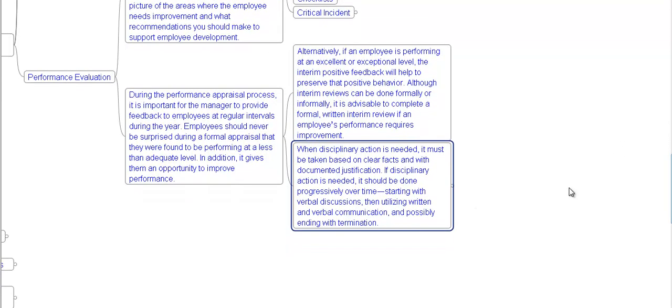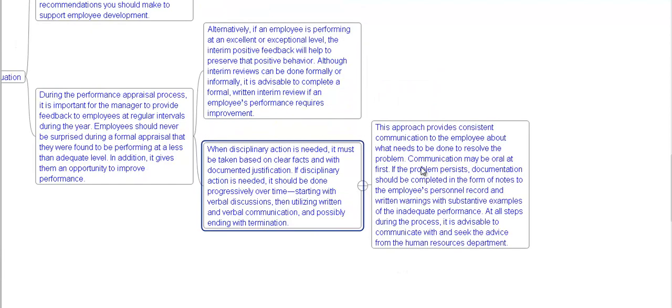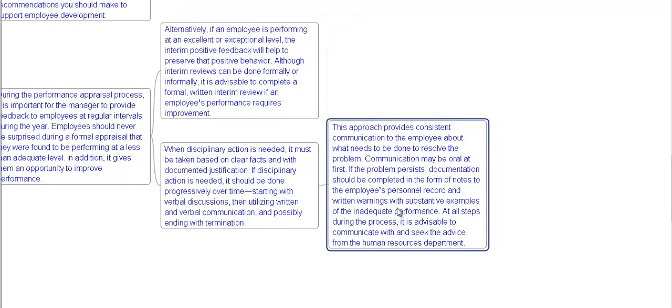When disciplinary action is needed, it must be taken based on clear fact and with documented justification. If disciplinary action is needed, it should be done progressively over time, starting with verbal discussion, then utilizing written and verbal communication, and possibly ending with termination. This approach provides consistent communication to the employee about what needs to be done to resolve the problem.